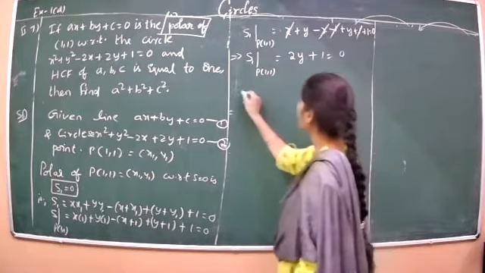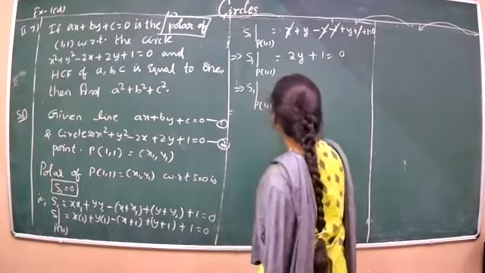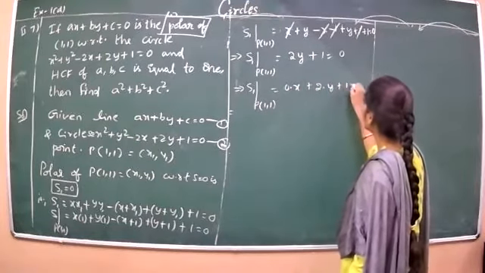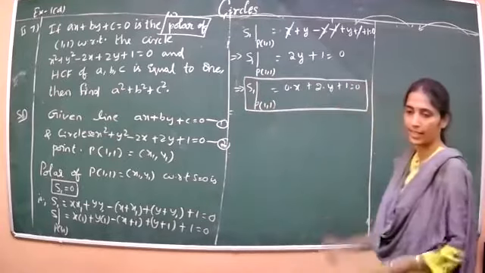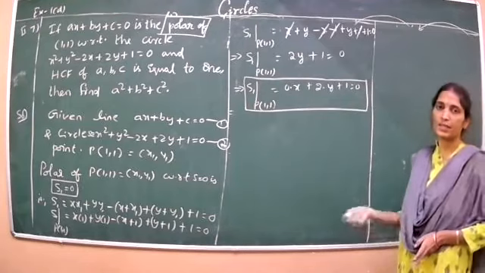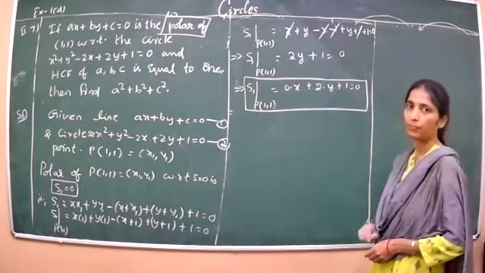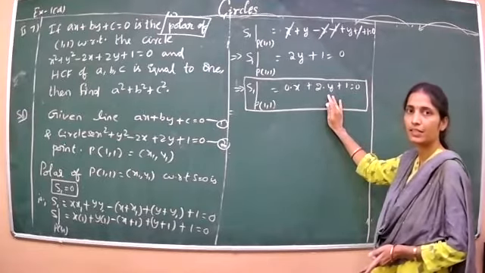To write in the form of a line, let us write the x term with coefficient 0: 0 into x plus 2 into y plus 1 equal to 0. Then it is the equation of the polar of P, which is a straight line in the form of ax plus by plus c equal to 0. Here a is 0, b is 2, c is 1. This is the polar of P with respect to the circle S equal to 0.